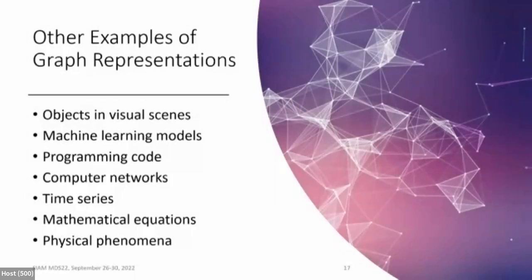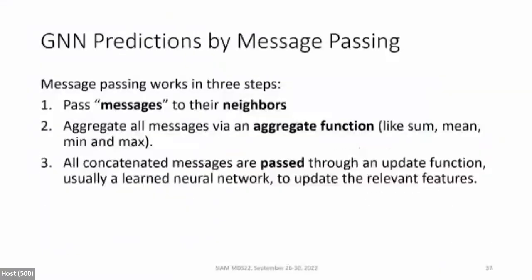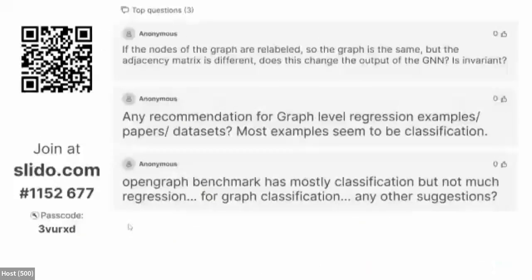There is another question about graph level regression for predicting molecular properties. Those are not classification tasks, they are regression tasks. You actually predict the values of a function, a real numeric value, not a 0 or 1.